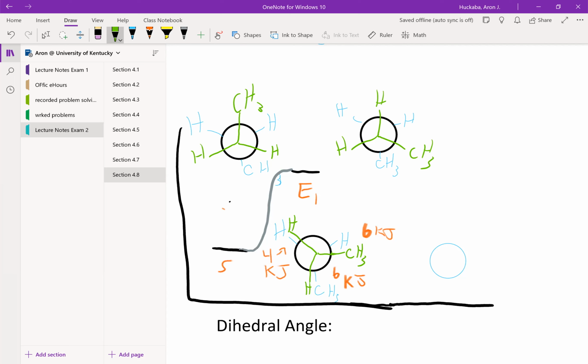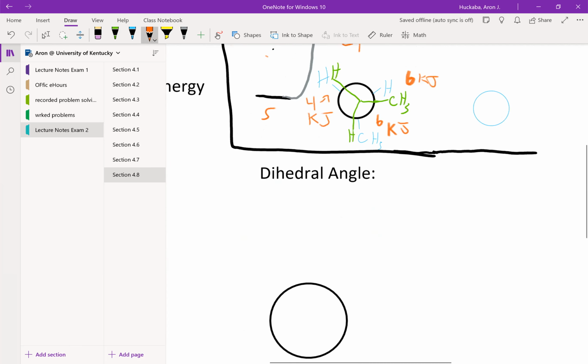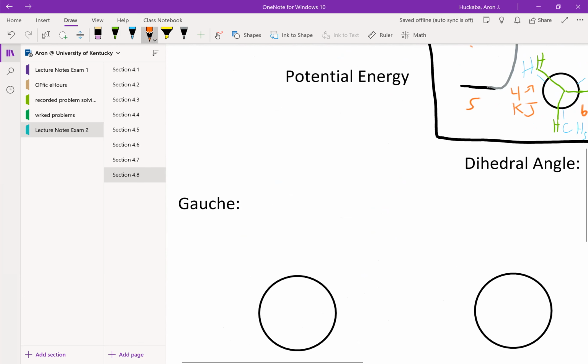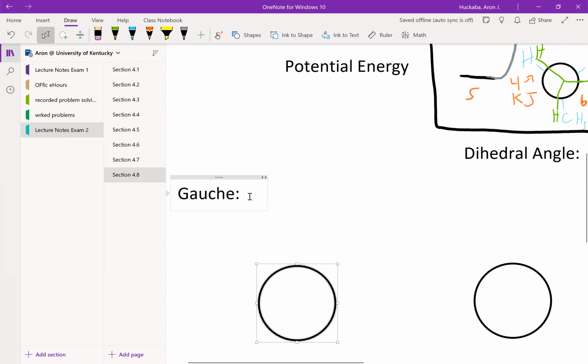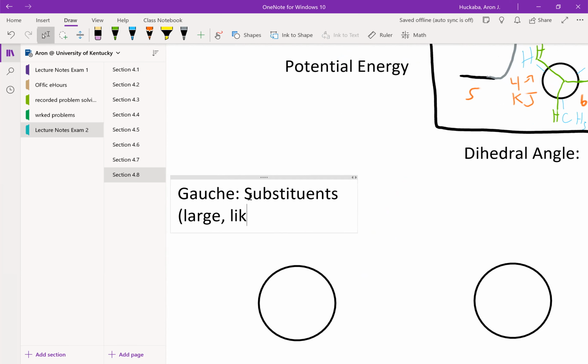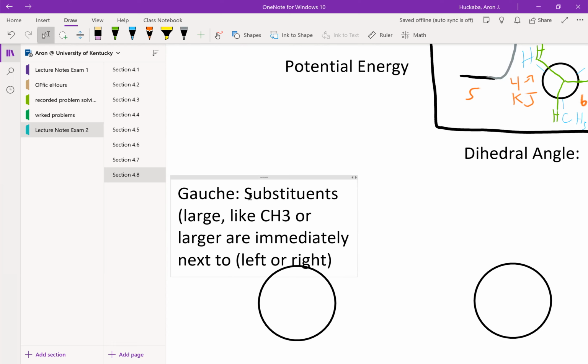And this is a special situation that we call gauche, with a G. Gauche means left in French. And here it means the situation where substituents, large ones like CH3 or larger, are immediately next to, left or right, another large substituent.